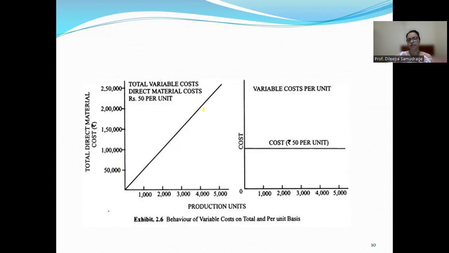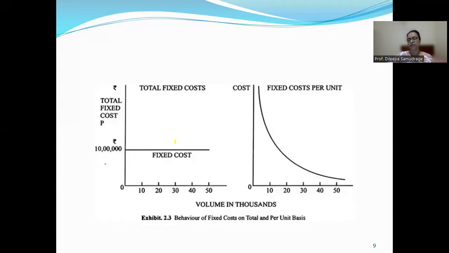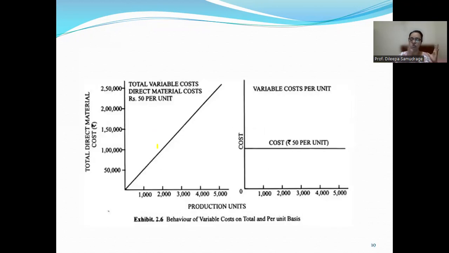Total variable cost varies with the number of units, but unit variable cost is fixed, right? You should know thoroughly about these four behaviors: how total variable cost behaves, how unit variable cost behaves, how total fixed cost behaves, and how unit fixed cost behaves. That is the behavior that we consider under CVP analysis.